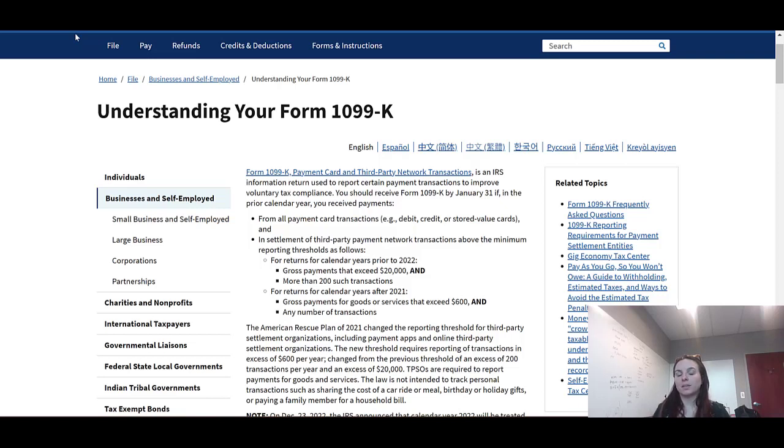If they, or not the vendor, but the business that issued you the 1099, if they're not going to change it, you may just want to proactively include an explanation in your tax return, right?